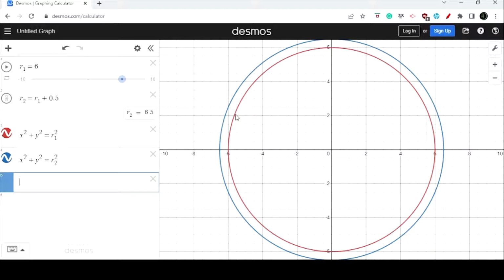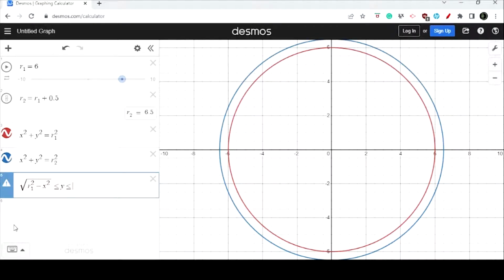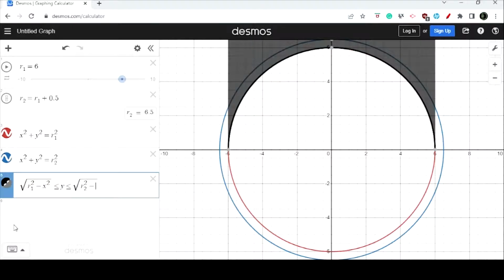One to get the region between two top hemispheres, and that's going to be the square root of R1 squared minus x squared is less than or equal to y, and that is less than or equal to the square root of R2 squared minus x squared.